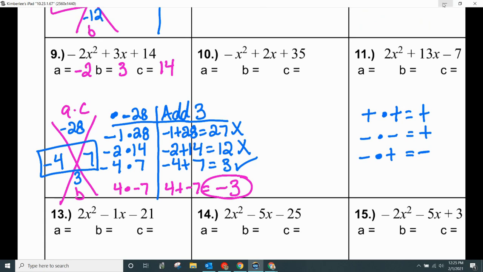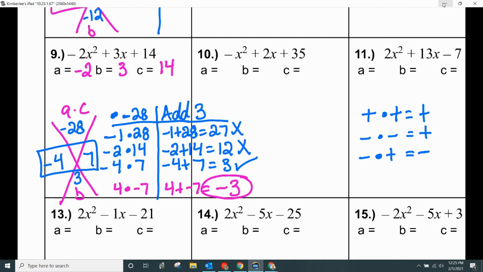Make the 4 negative and not the 7. That's your clue to look for. If you find the number, but you're just off by the sign, you have the right combo. It's 4 and 7, but your negative is on the wrong one. And this only happens when you're doing one negative number and one that's positive. That's usually the only time that this happens, okay?